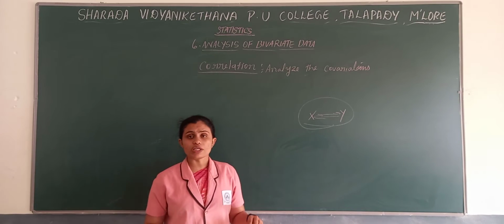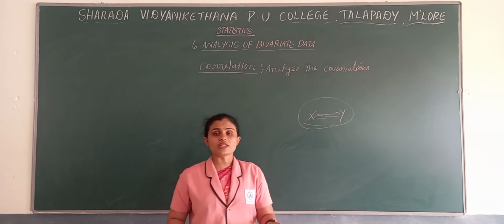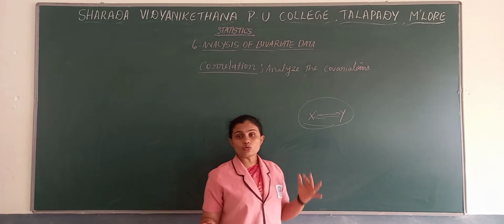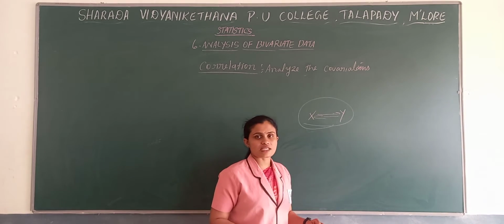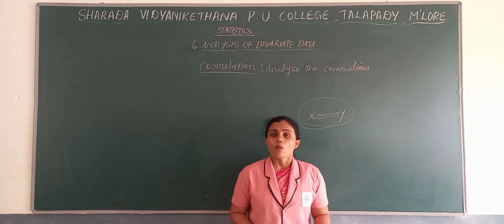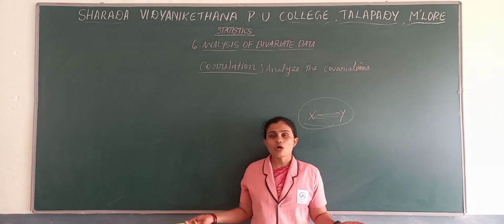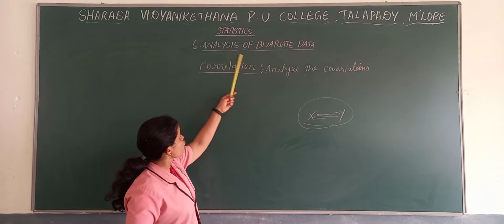Correlation, in a simple sense, is studying the relationship between two variables. As I said, here we are discussing two variables, so what is the relationship between those two variables, whether these two variables are interrelated. That we study in case of correlation.